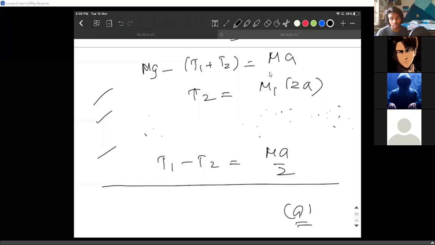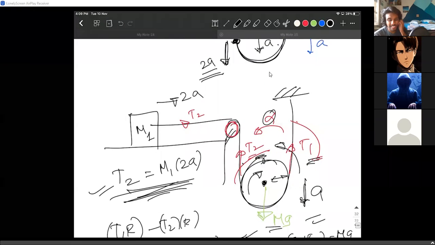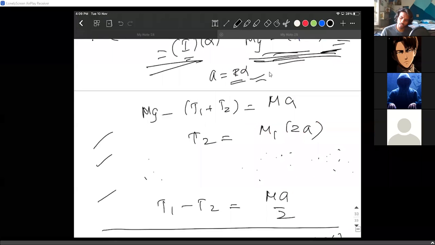Once you have the A value, you can find the alpha value and all. You can get the answers easily. Okay, so this is a long procedure, but an important procedure that you need to understand. Solve any two equations, you'll get it? No, I don't think so, because you have M1 also. You have to solve all the three equations.